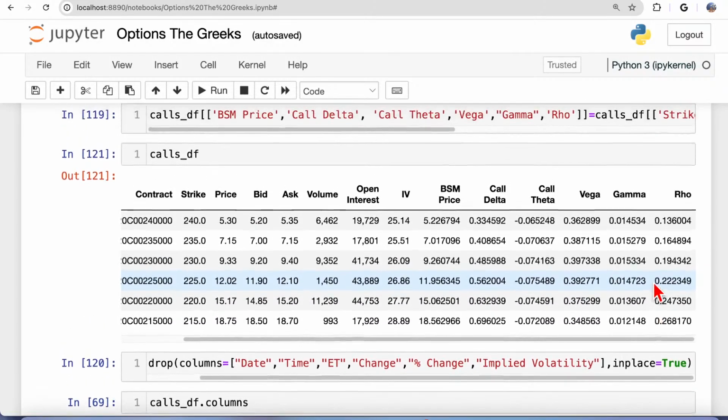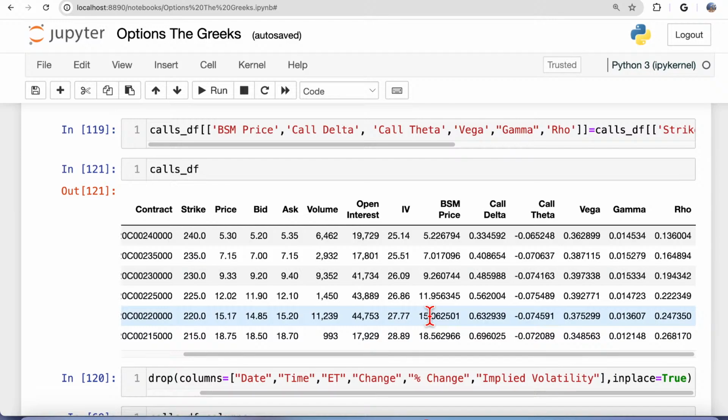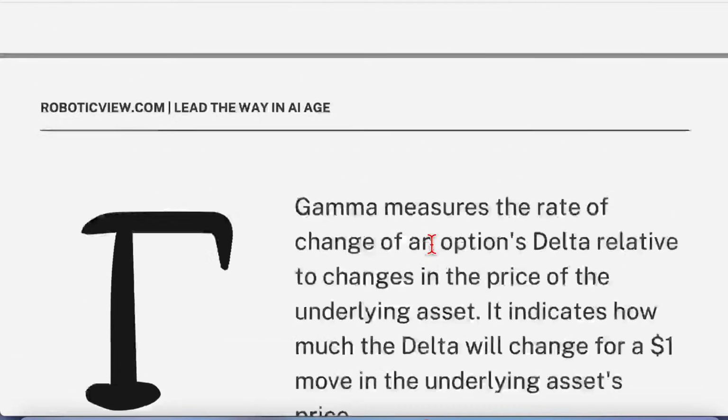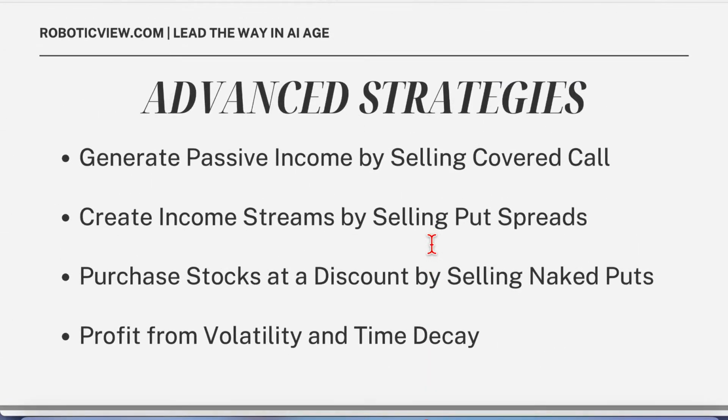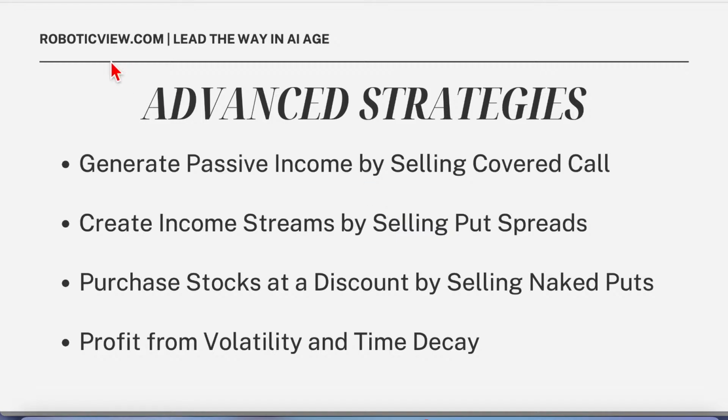So the point I'm trying to make is that in order for us to work with these strategies that we're going to be doing in this series of live streams, called Options, Python for Advanced Strategies, we will be finding lucrative deals, and we will be analyzing our profits and losses before we get into a trade. So we need to understand how to value those contracts.